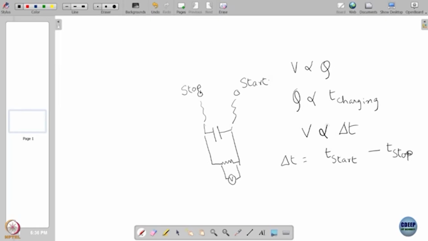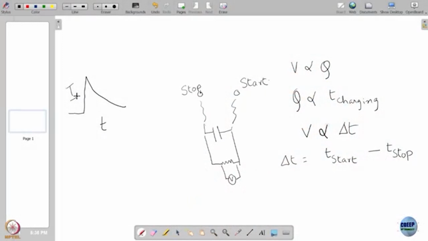Now, it is important to understand what is going on here. The reason why we do all this is that we cannot measure the decay directly. So, we are resorting to a method that is actually probabilistic in nature. So, this here, let us say, is the decay of fluorescence.